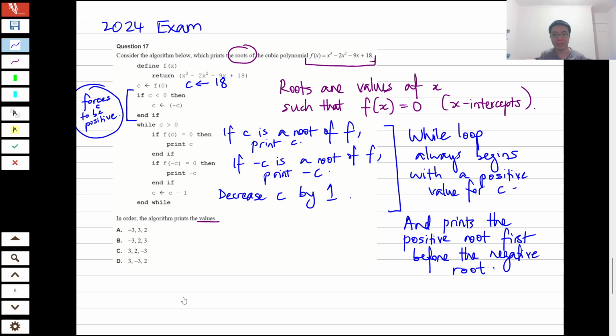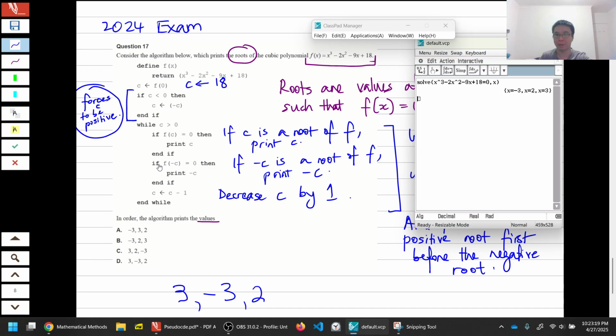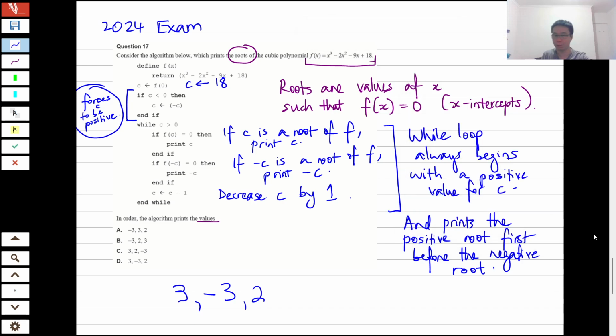Then we're going to get down to 3 here, and then -3 here, and then we're going to decrease by 1, and then it's going to print 2. But when it gets to here, it won't print -2, because based on our calculation, only +2 was a root. And therefore, the answer is D.